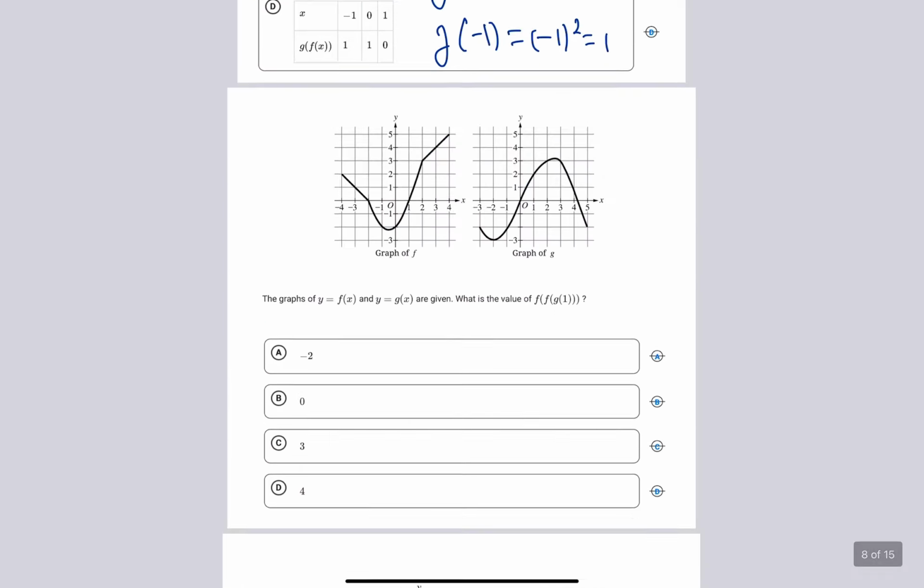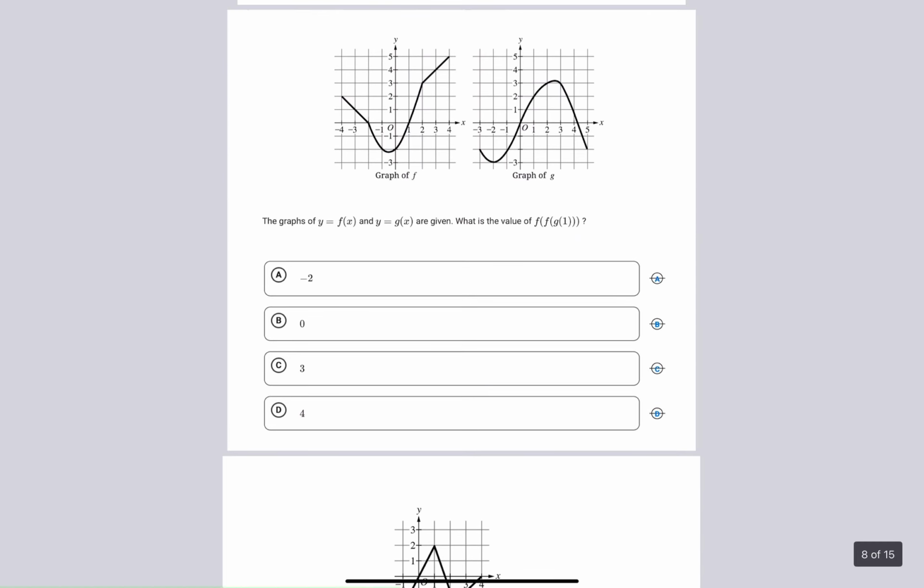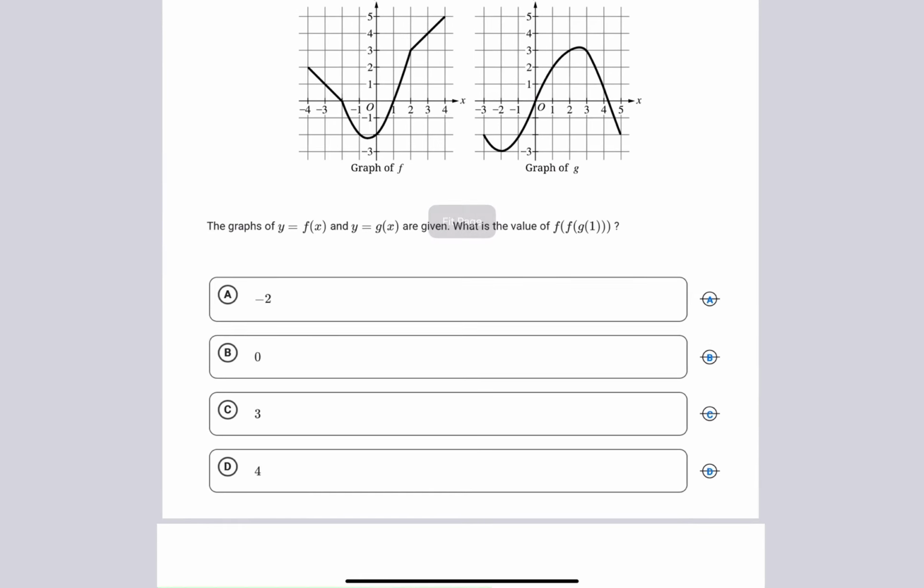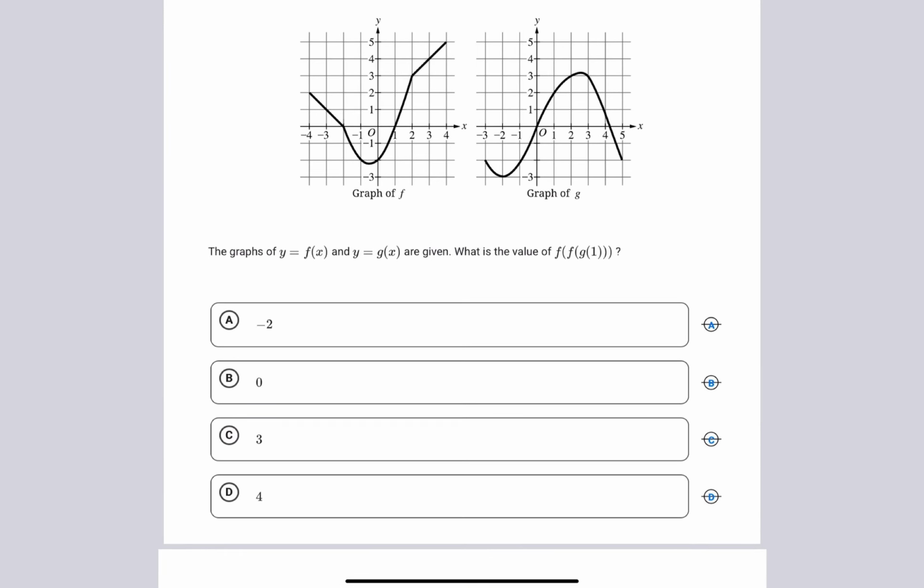Okay, moving on to the following. What is the value of f of g of 1? Okay, but it's a very simple question though. You work inwards out.